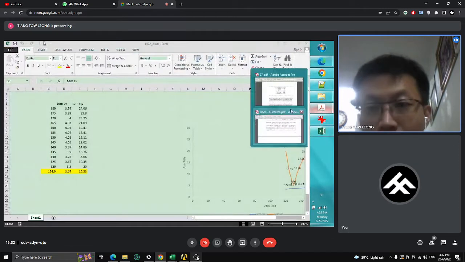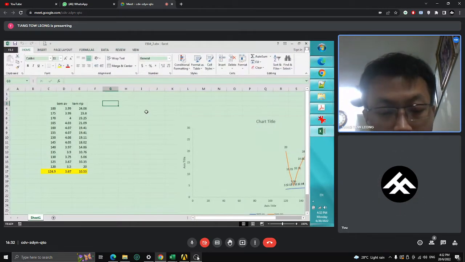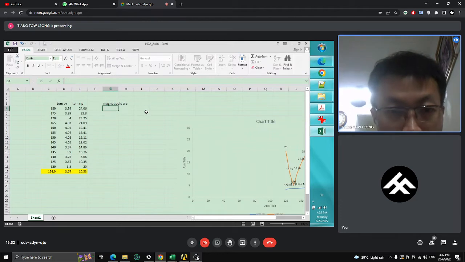Okay, for the table that you need to include in the report, we need to have a magnet, pole arc, initial model. We have an initial model.